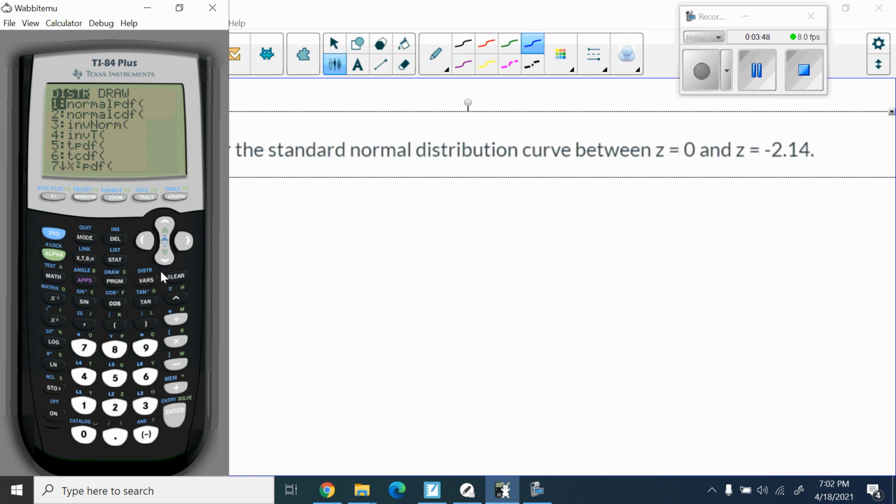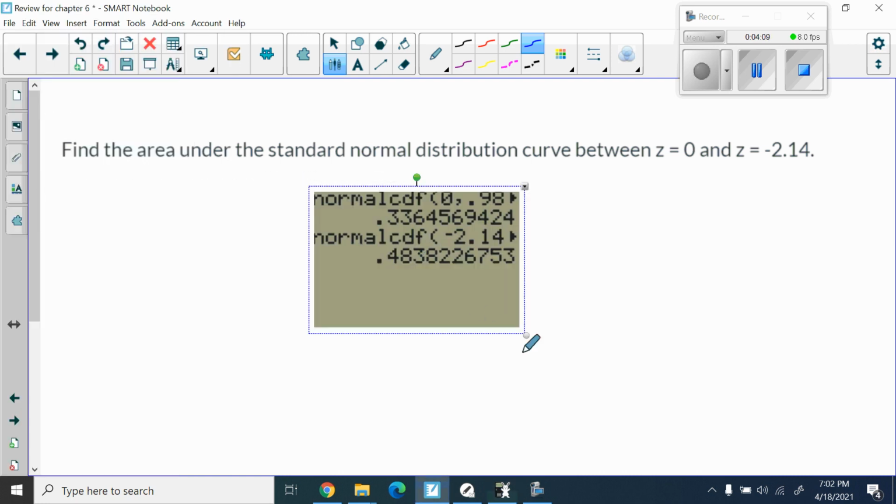Second VARS and normal CDF, not PDF. Okay, our lower bound is going to be negative 2.14, and our upper bound is going to be 0. And we're going to plug that in, and we get 0.4838. Okay, you want to bring it to 4 decimal places, please.